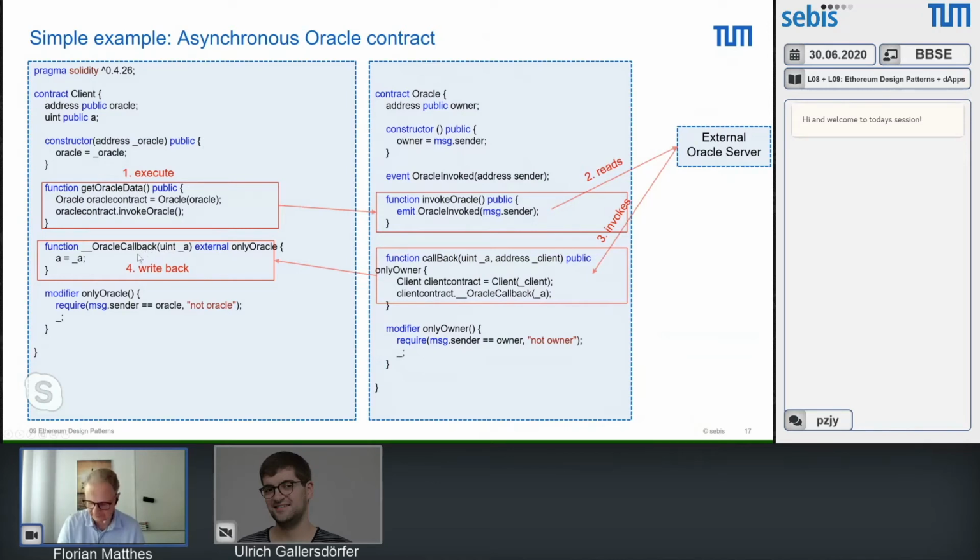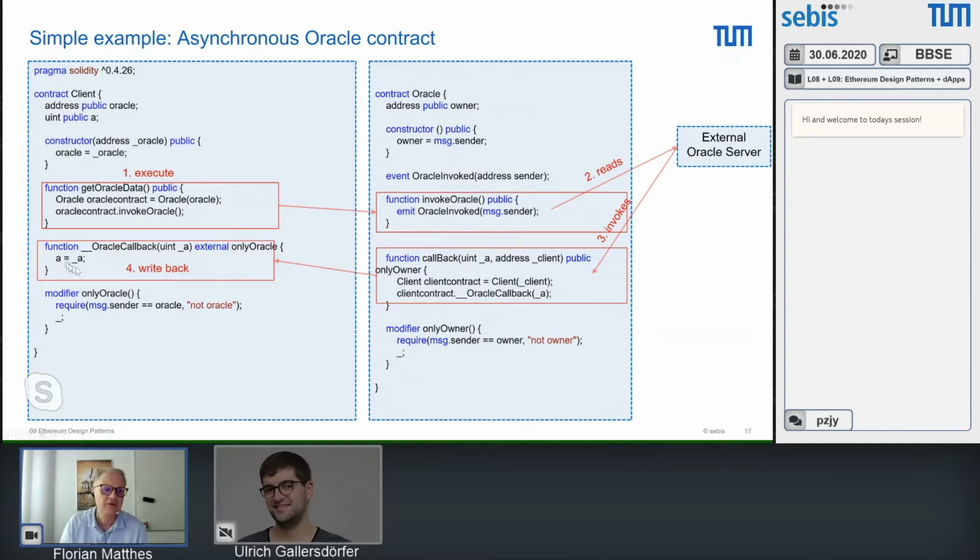There is a potential problem with this approach, which we didn't mention last week, because this oracle is executing its code with gas from the oracle owner. If it transfers control to this contract here, there might be a risk that this is an adversarial client, which says, we wait for the callback from the oracle, and here I compute, let's say, Fibonacci numbers, or I spend a lot of gas.